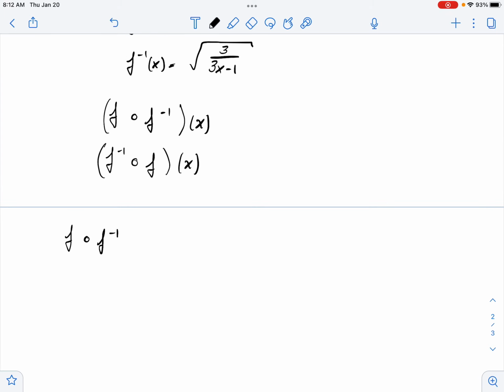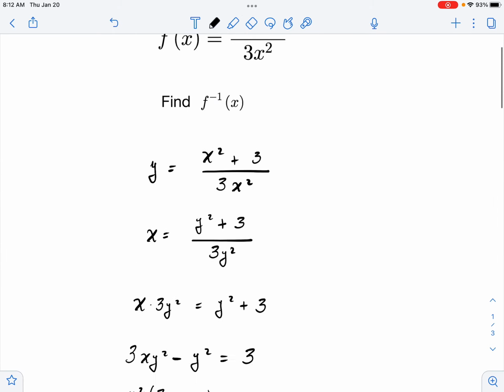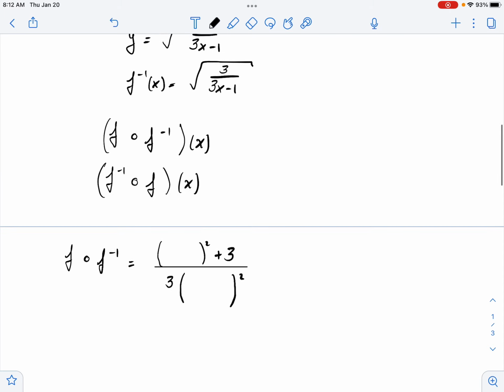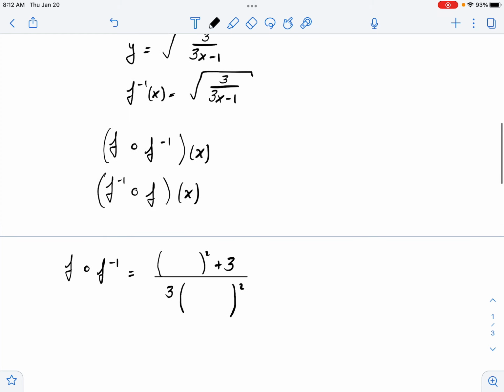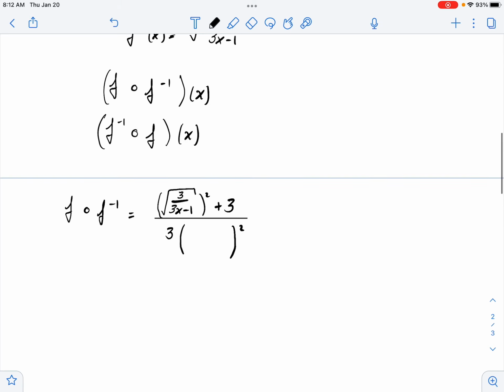So f of f inverse is, I remind myself, f of x is (x squared plus 3) over 3x squared. So that will become, I'll just put in here, blank squared plus 3 over 3 times blank squared, right? And in there, I'm going to replace x in f of x with the function f inverse. So that is the square root of 3 over (3x minus 1). And the same down here.